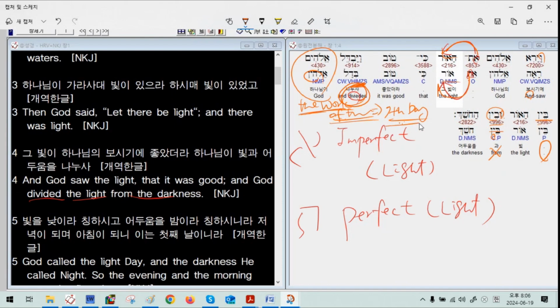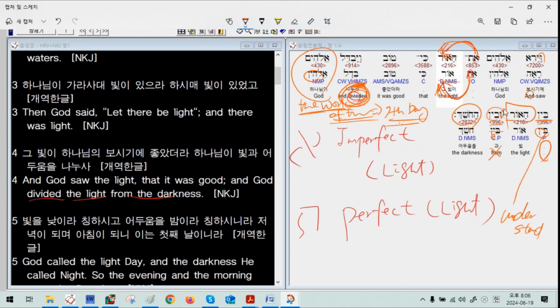Then the working of God is working inside me, beginning the light, complete the light. That is the 7th day. In order to divide, what needs to happen? The pen is to understand. Understand the light, understand the darkness.